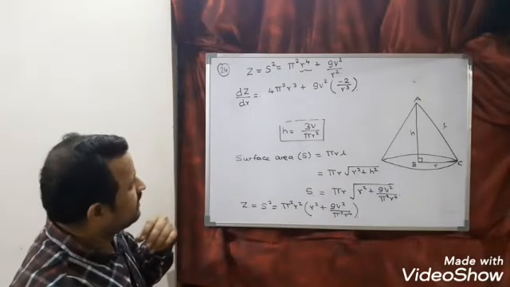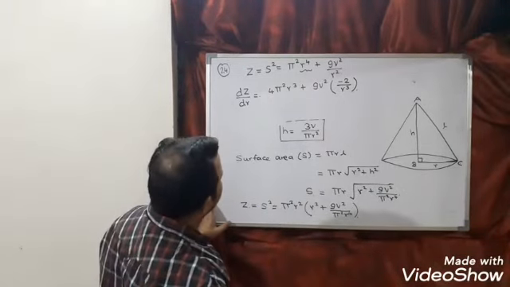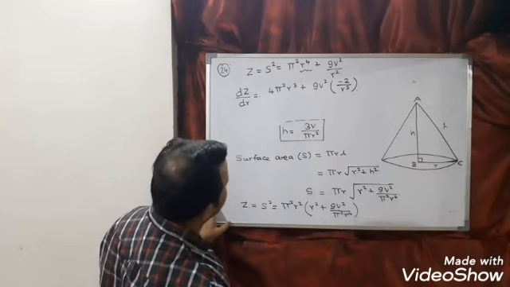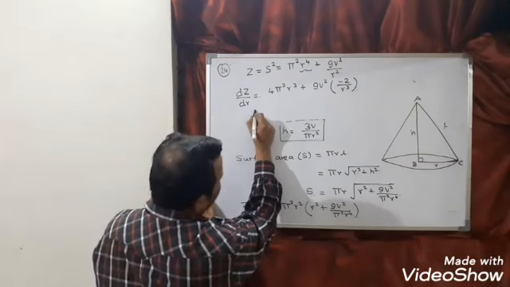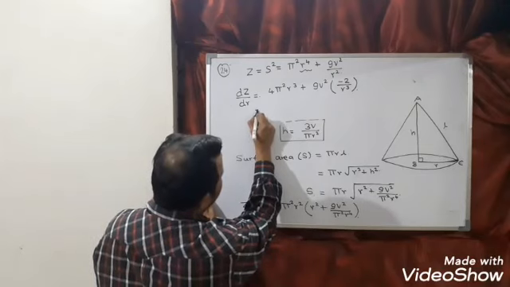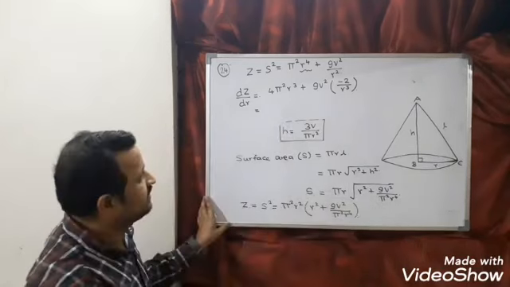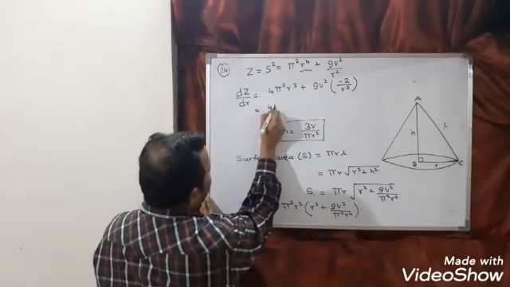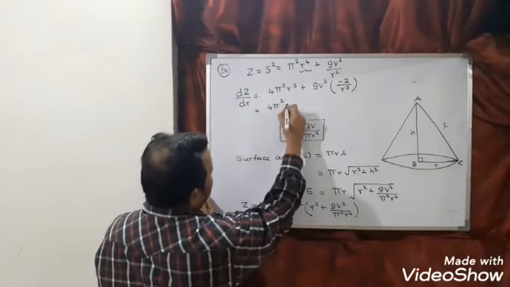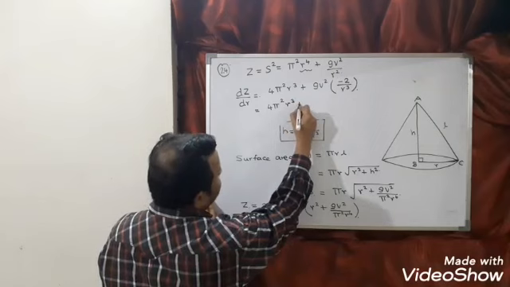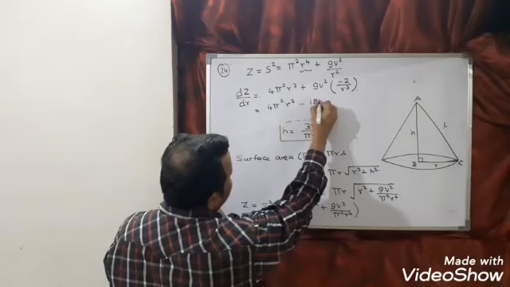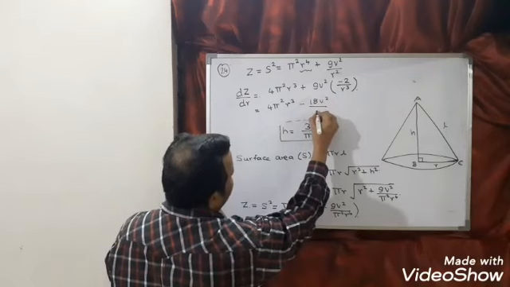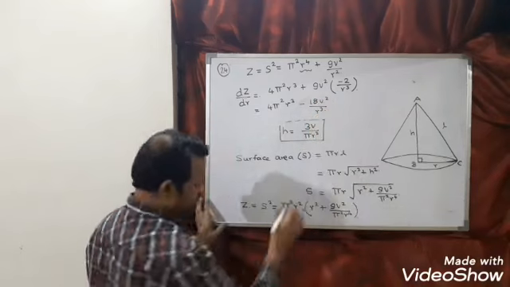Clear? Now some more simplification we can do. So this we can write as 4 pi square r cube minus 18 v square divided by r cube.